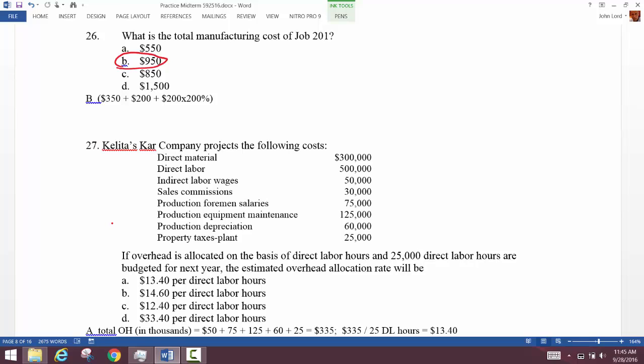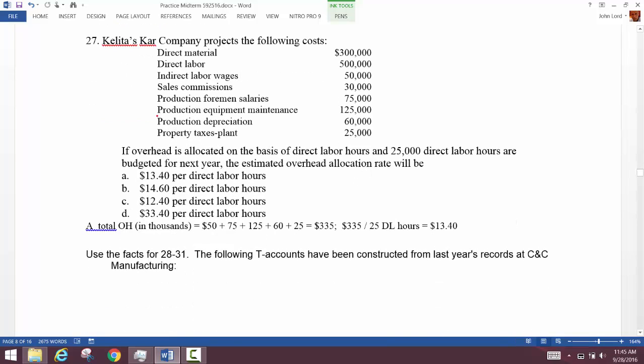And 27 is asking for the estimated overhead application rate, which is probably a better term. So how do you want to set that one up? What's going to be in the denominator? You can just use the pen, you can just write like a regular pen.